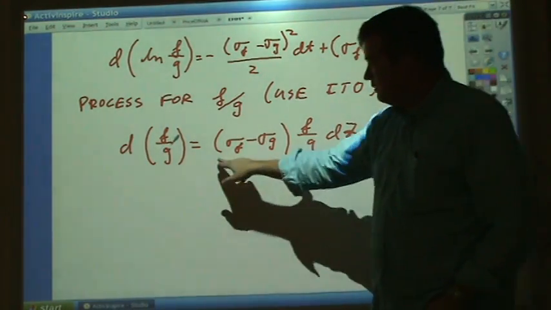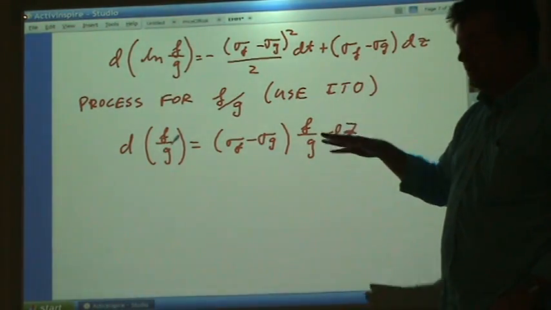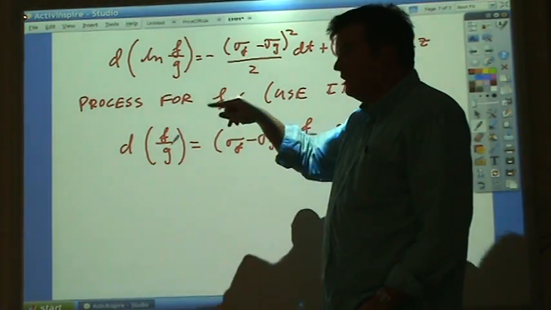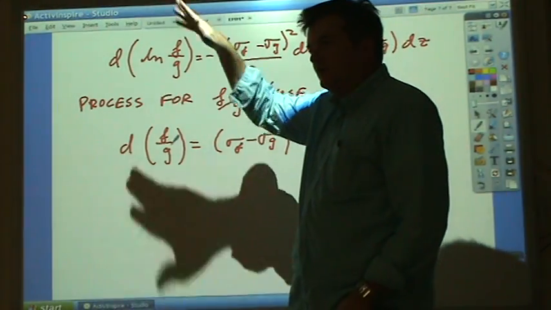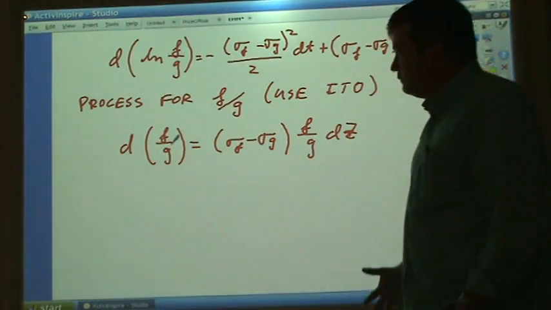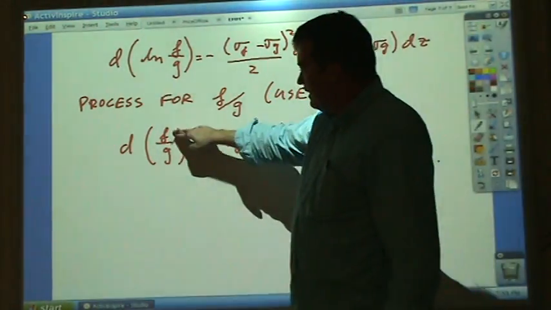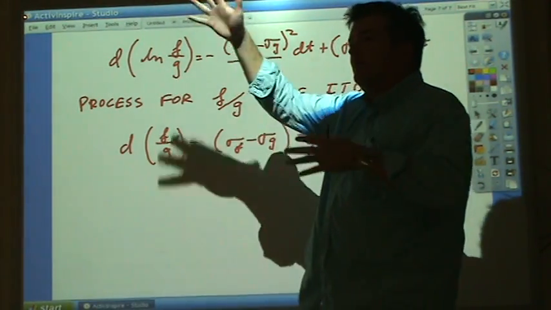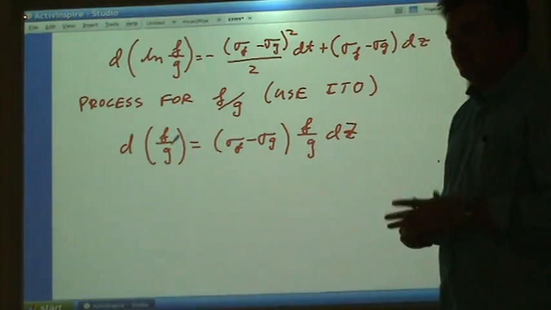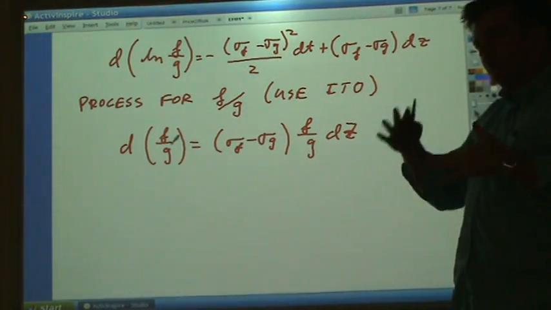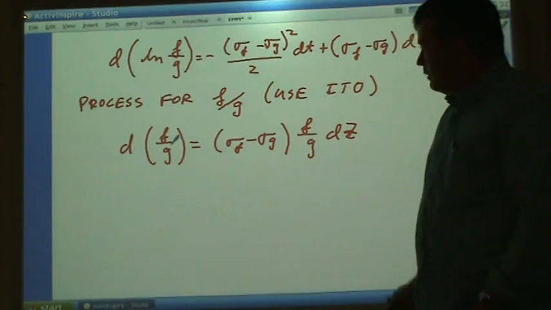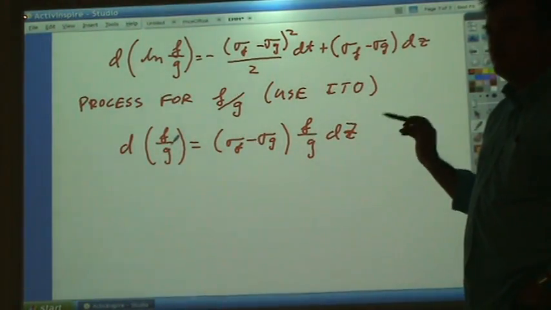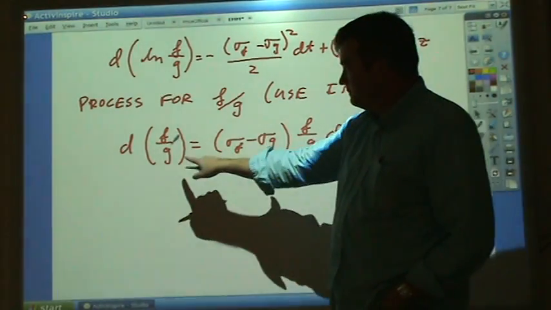So if this equation had some drift to it, if there was a term in here that said something times time, as time goes on it goes either up or down, then we'd say, okay, the ratio of IBM to Microsoft is expected to drift upward. IBM is expected to beat out Microsoft, or if Microsoft is expected to beat out IBM over time, then it would start drifting downward. But what we're saying here is that there's no drift term to this ratio.